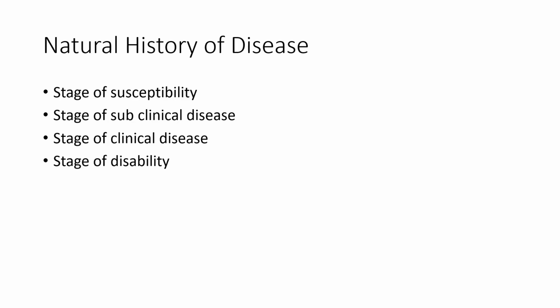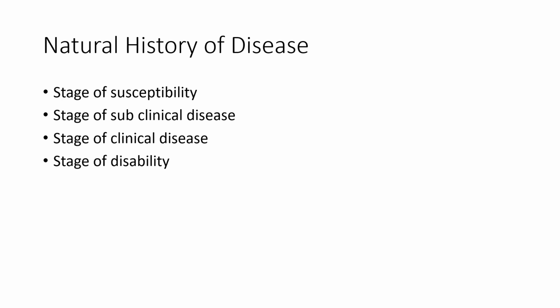Then we discuss natural history of disease. So in disease, we have three outcomes. You either die from it, you have disability, or you recover. So we have stages of susceptibility. That is wherein you carry risk factors for the disease but do not have any trace of illness yet.